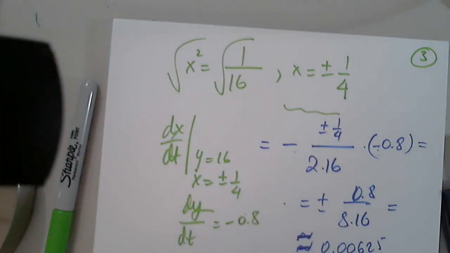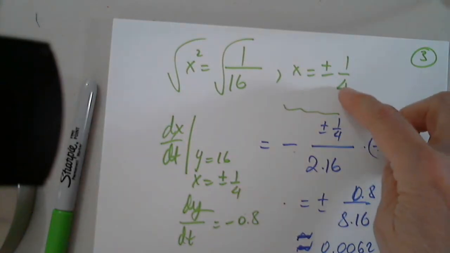It says given, find, doesn't say. Find dx over dt when y equals 16, and dy over dt is negative 0.8, but they're not telling us which one to use.